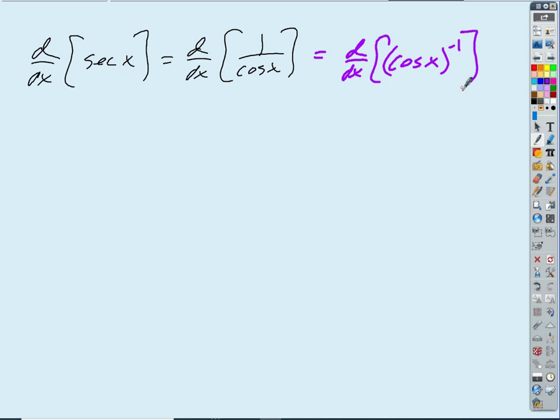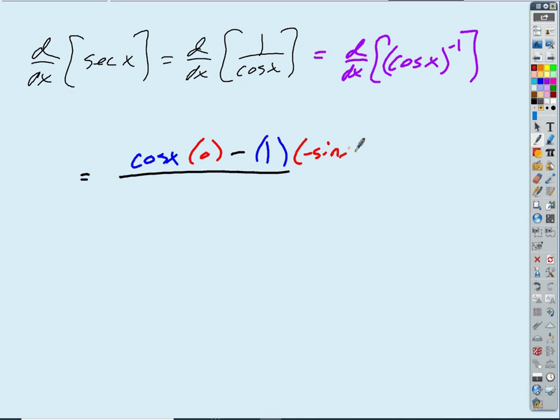So what's that going to give us? Cosine x times 0 minus 1 times the derivative of cosine, all divided by cosine squared x.